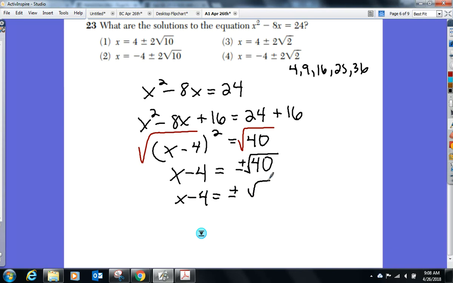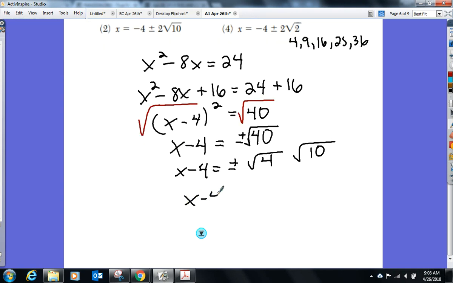Plus or minus 4, because that was the perfect square you guys picked. What do you multiply 4 by? 10. Square root of 4. And remember what we did with the other square root? Just brought it along for the ride, right?